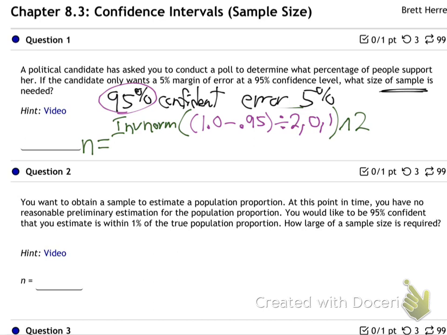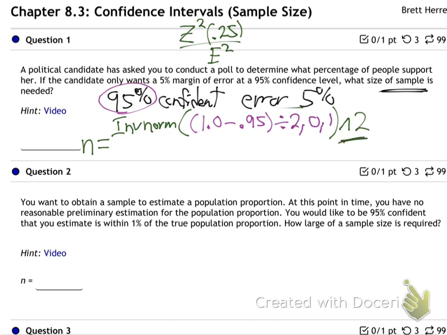Squared, right? Because that Z is supposed to be squared. You tracking with me? I'm doing the Z squared times 0.25 over E squared. So there's the squared. So the inverse norm, Roberto.